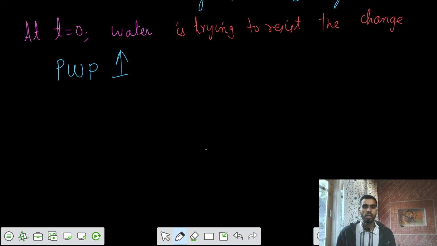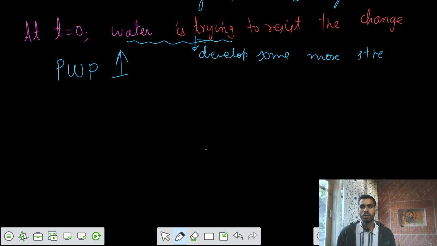Pore water pressure would increase because water is trying to resist, so it would develop some more stress in the water. This increase of pore water pressure we call excess pore water pressure.